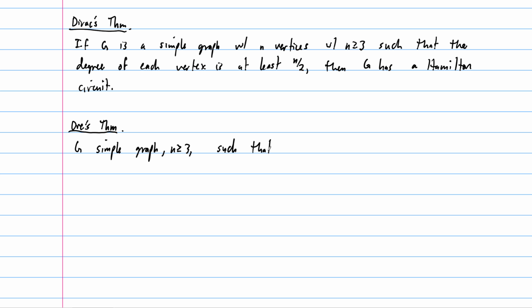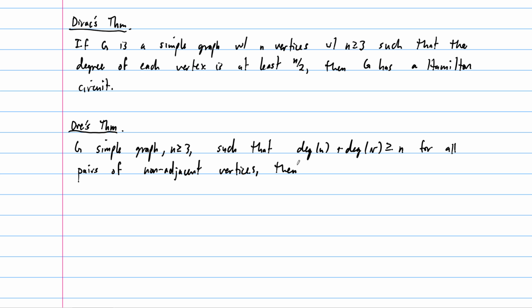Such that the degree of u plus the degree of v is greater than or equal to n for all non-adjacent vertices. So for all pairs of non-adjacent vertices. Then what's going to be true? Then, so the u and the v are the non-adjacent vertices, right? Then G has a Hamilton circuit.